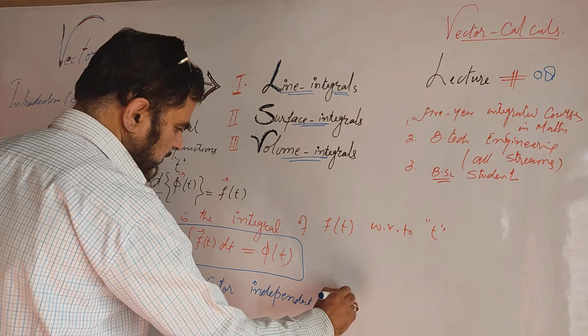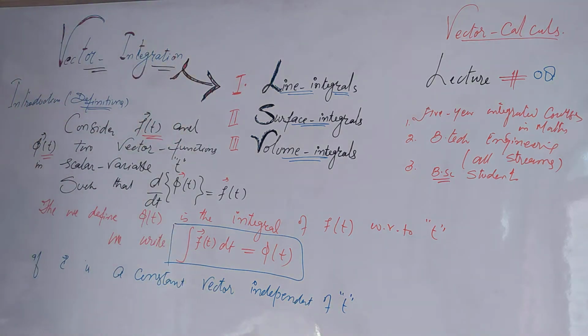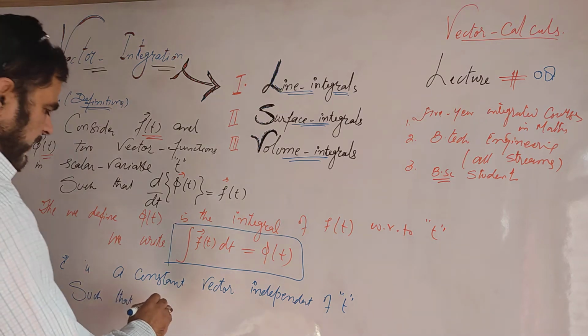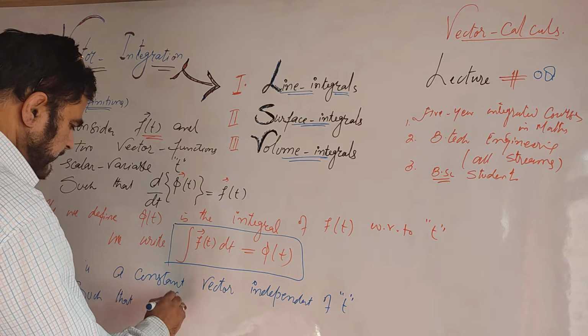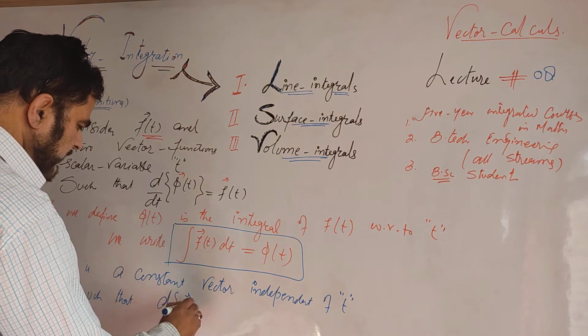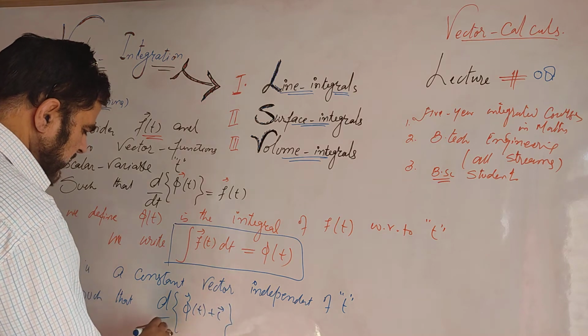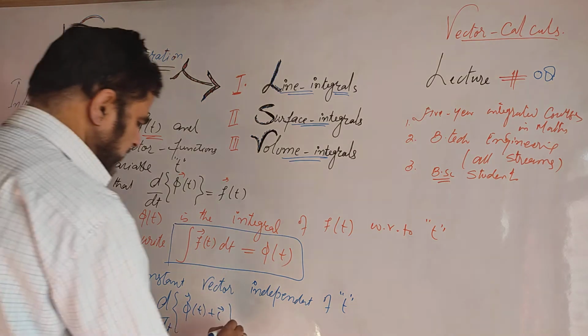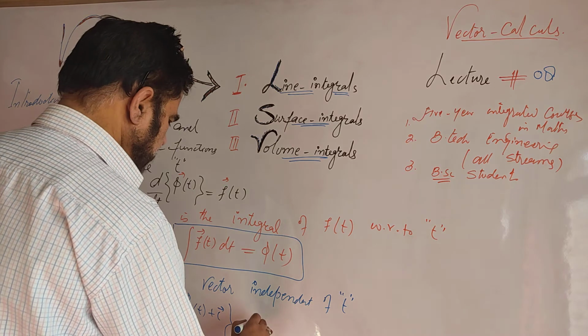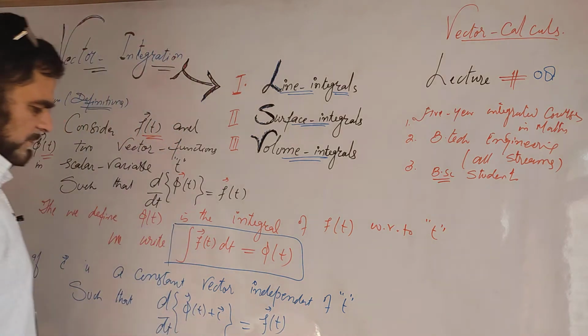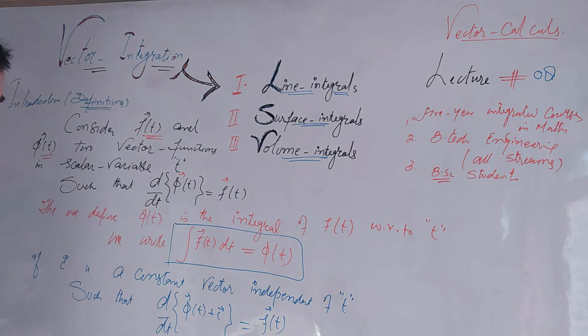a constant vector independent of t, it does not involve t, such that the differentiation of vector phi of t plus c with respect to t is f of t. So what do we say then?